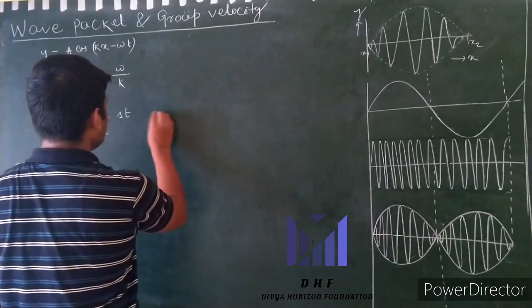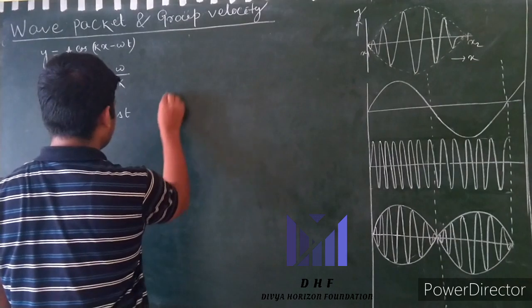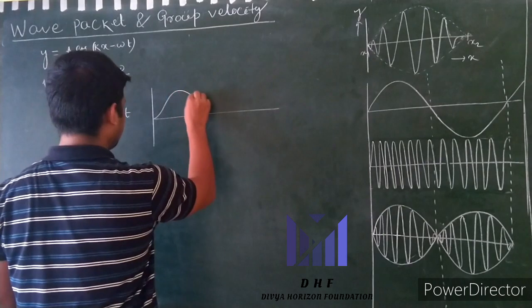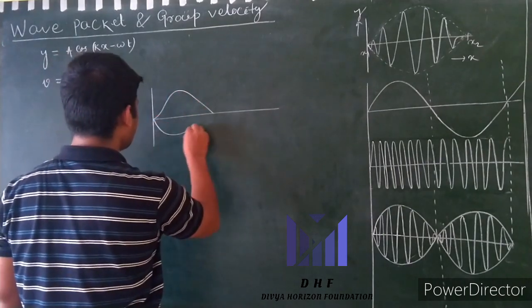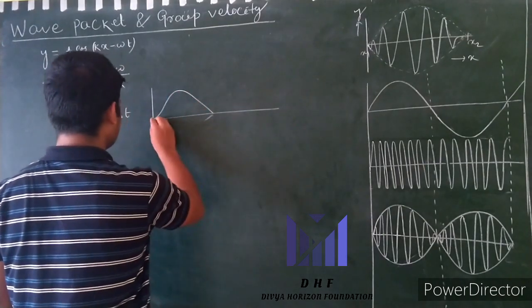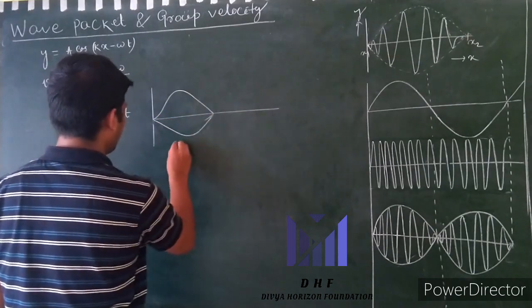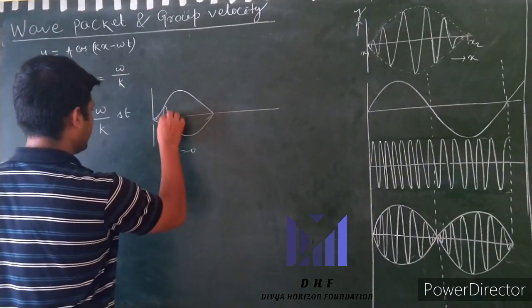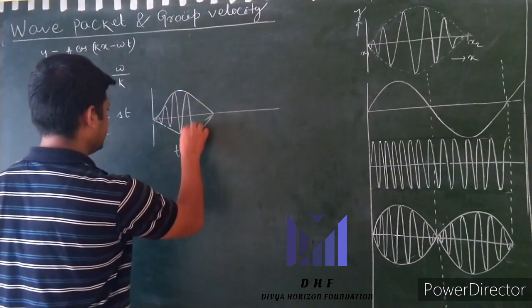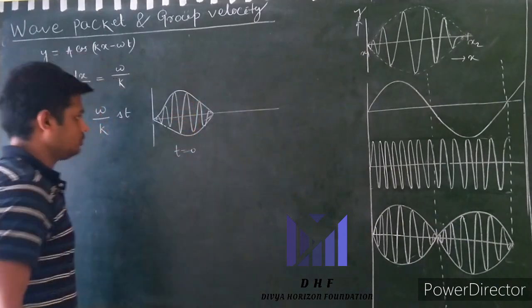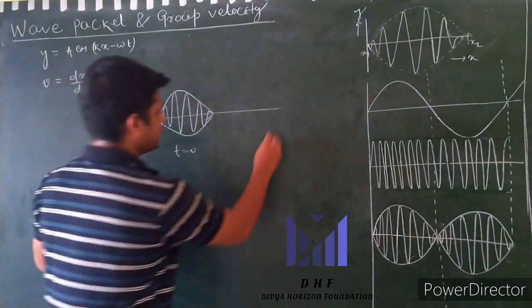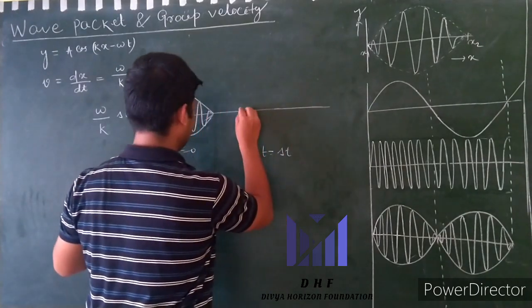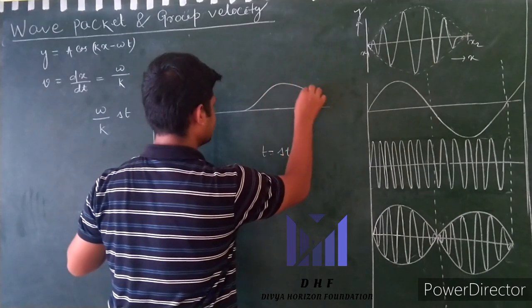Let this be the axis, and this is the wave packet which we have observed at time t equal to 0. And at time t equal to del t, we observe a different wave packet like this.